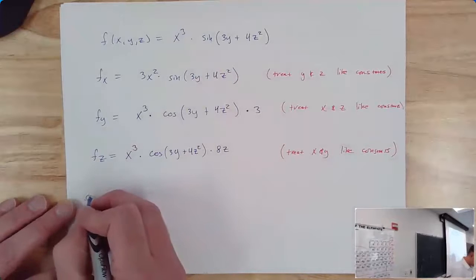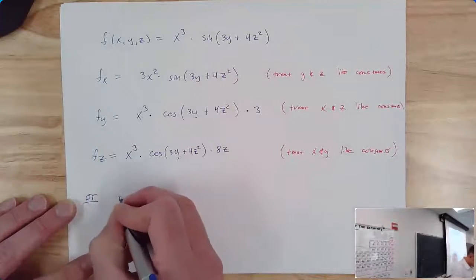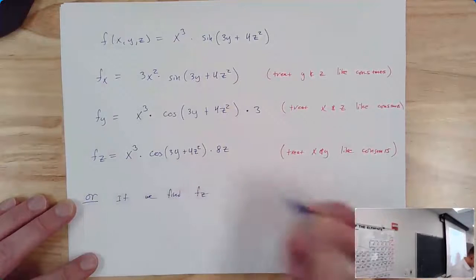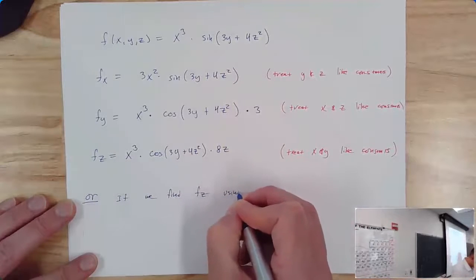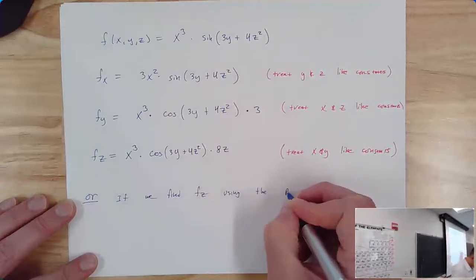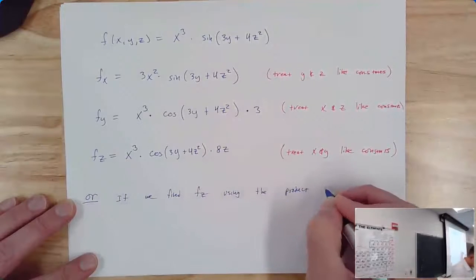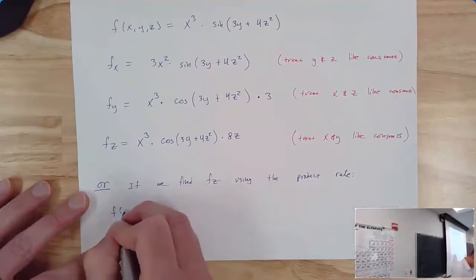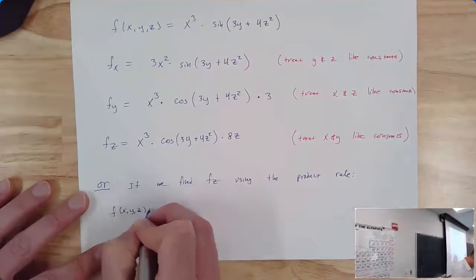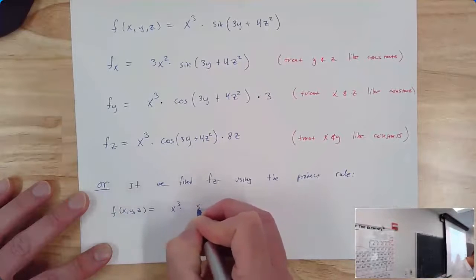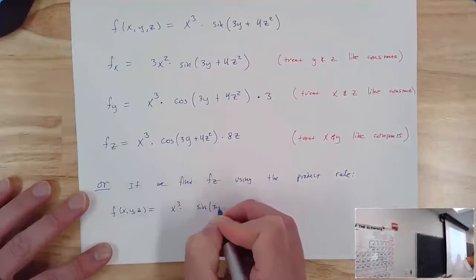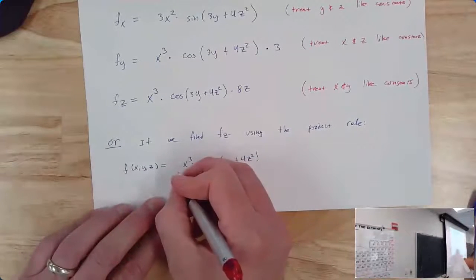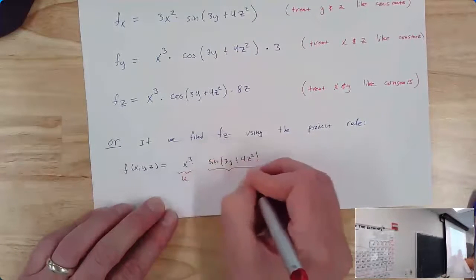So if we find f_z, for example, using the product rule, here's our function, f of x, y, z equals x cubed times sine of 3y plus 4z squared. I'm thinking of this as my first piece, this as my second piece.